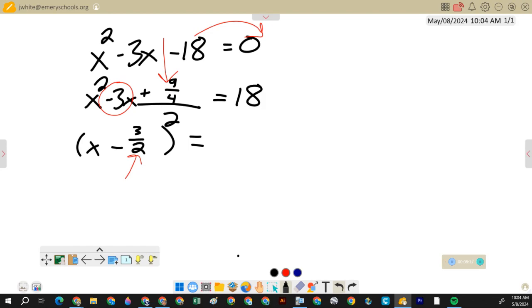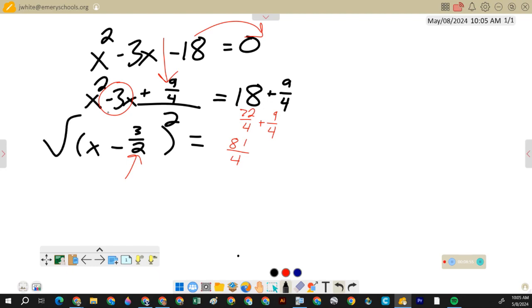So over here, I need to add 9/4. Well, what is 18 in fourths? 18 times 4 is 72. So this becomes 72 over 4 plus 9 over 4. 72 plus 9 is 81 over 4.